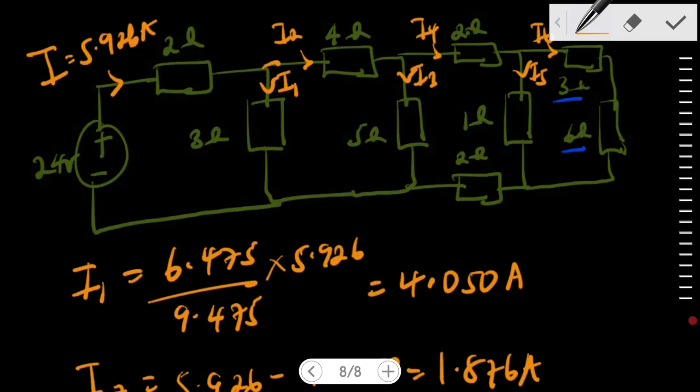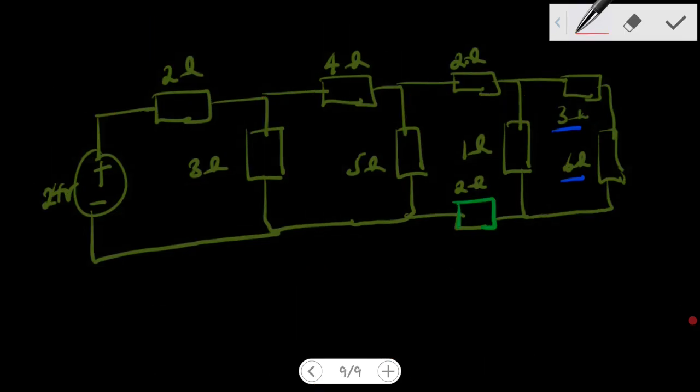Now, let's try to confirm our answers using potentials at different nodes. We know that different nodes are at different potentials, right? Now, the potential at this point is 24 volts, right?